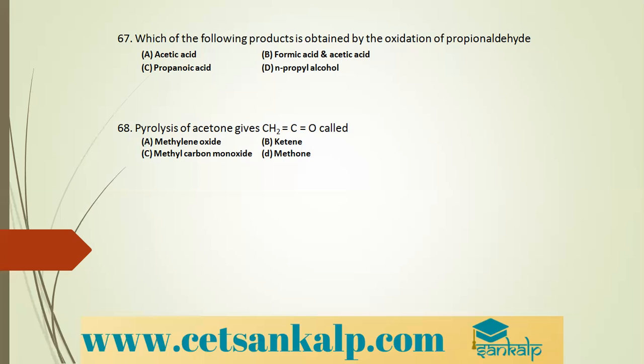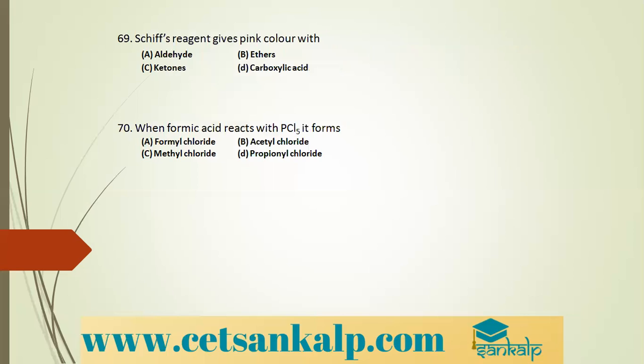So it is option C. 68th question. Pyrolysis of acetone gives CH2 double bond C double bond O. What is the compound called? This compound is called ketene. So the correct option is option B.